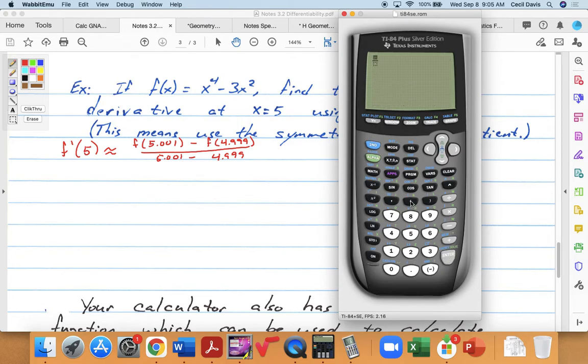So here's what I want. I want 5.001, actually, yeah, let's go ahead and put them in parentheses.